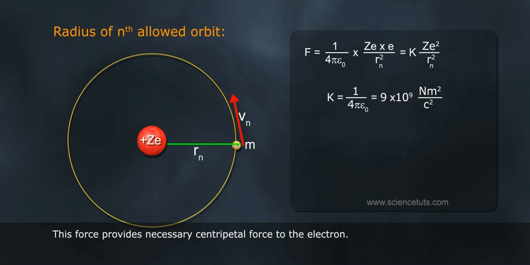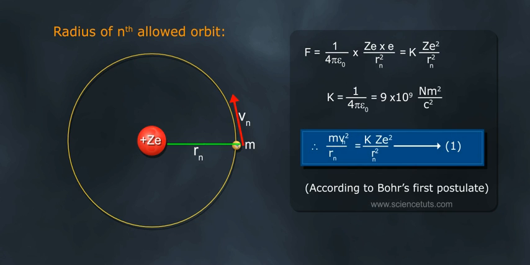This force provides the necessary centripetal force to the electron. Therefore, mvn² by rn equals kZe² by rn², equation 1, according to Bohr's first postulate.